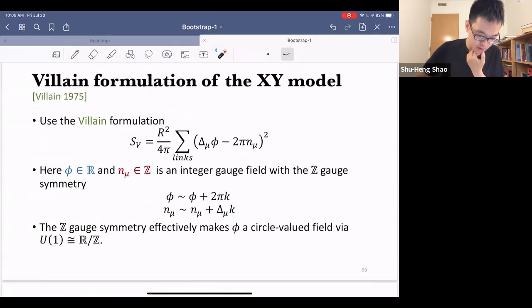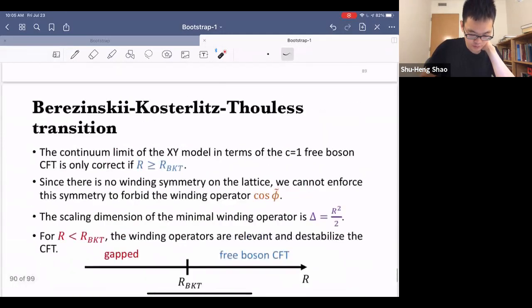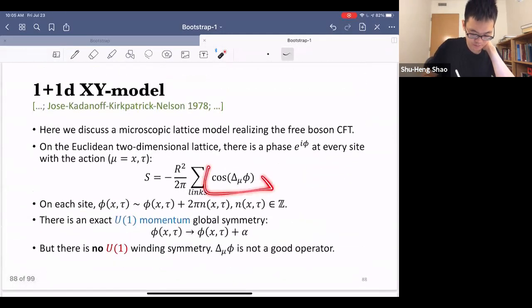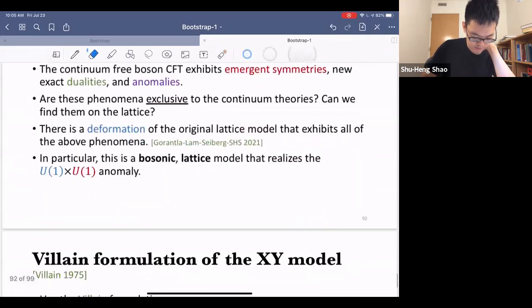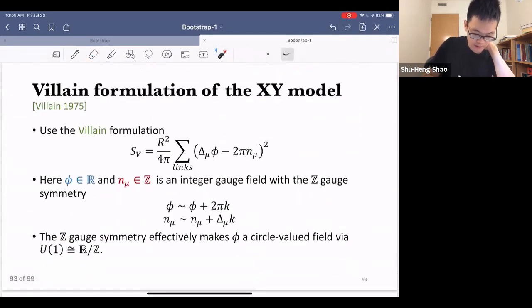To present that model, it's useful to start with the so-called Villain formulation of the XY model. Recall that we started with a cosine interaction. It's a standard trick to replace the cosine by a quadratic term at the price of introducing an integer gauge field. So phi used to be a circle-valued field, but now it's real-valued, and we introduce an integer gauge field.